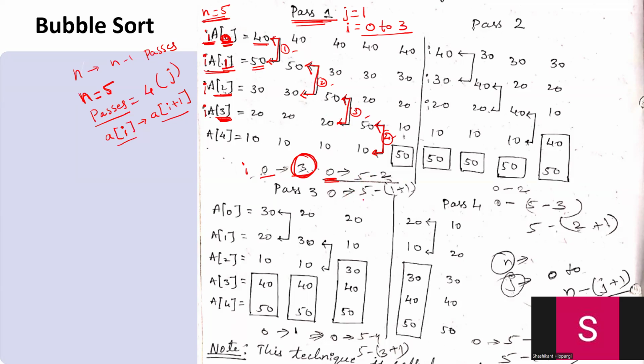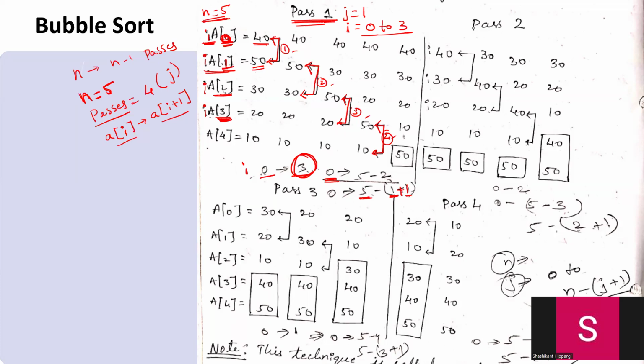So the number of elements that we have is 5. We are in pass 1. To this we are going to add 1.